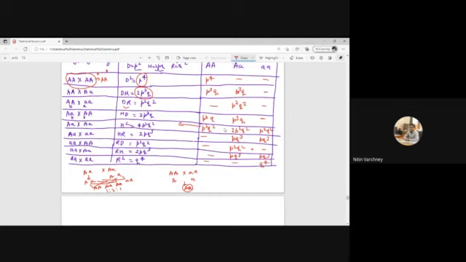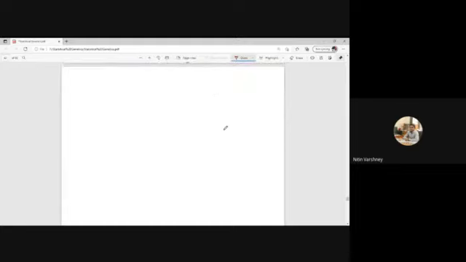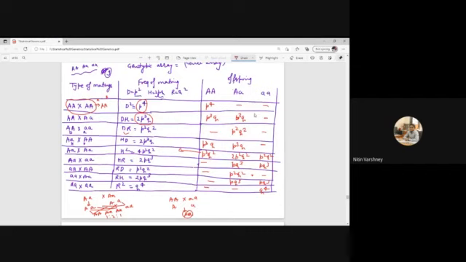Now, for the offspring generation, we will calculate the frequency of AA in the next generation, in the offspring. So the frequency of AA will be, we will add all four values.